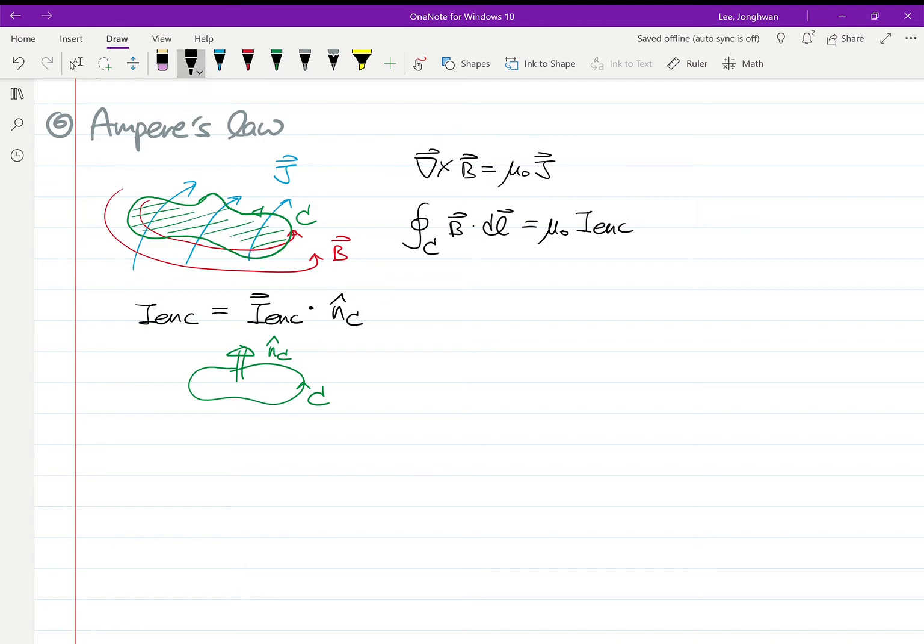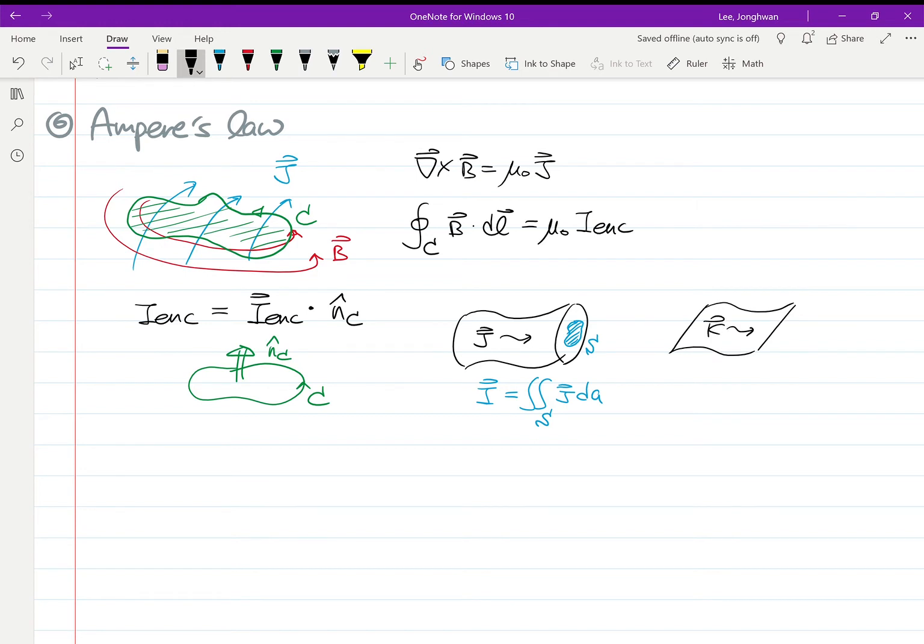I explained this in detail in the other video, but I want to remind you that when you have a volumetric current density, then if you measure the current over this cross-sectional area S, the vector current I equals the double integral of J over this area S. And when you have two-dimensional current, from the surface current density K, you have to set the cross-section, and this cross-section will be a line.